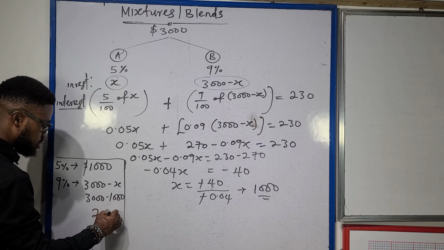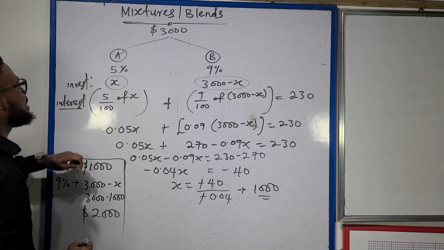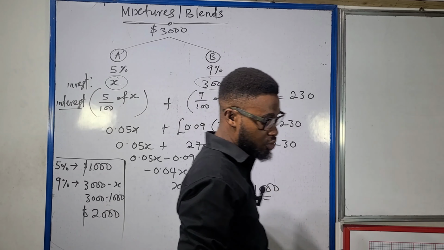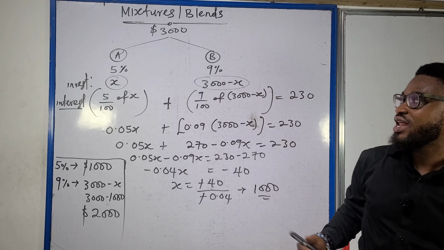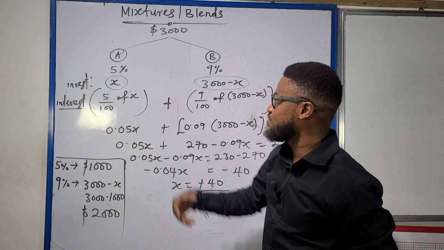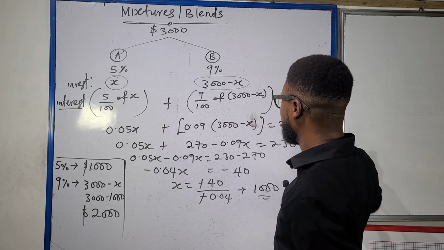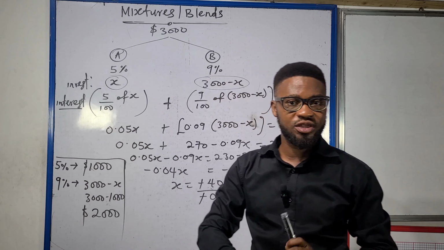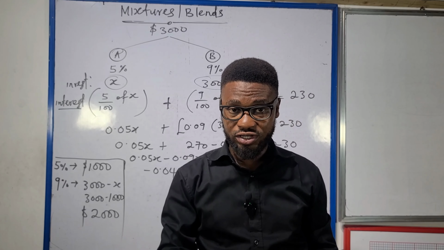That is $2,000. So basically, we are investing $1,000 here and we are investing $2,000 here. So this is another example of mixture. Get a variable, form an equation with the variable, solve for the variable, use that answer you get to solve the problem in the question. It's a simple 4-step process.